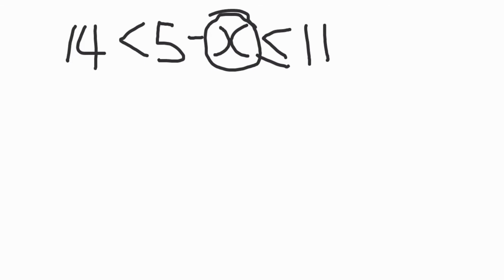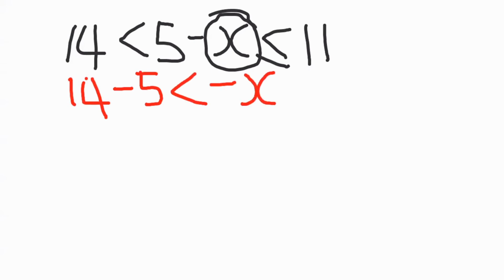Tiana? So when we take over the 5 to both sides, what do we get? 14 minus 5 being less than negative x, 11 minus 5.